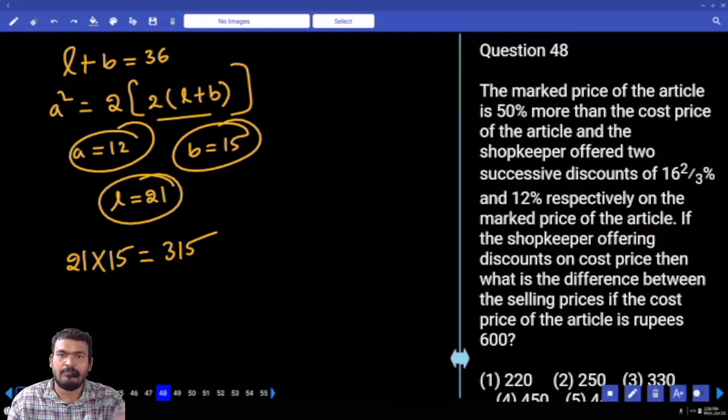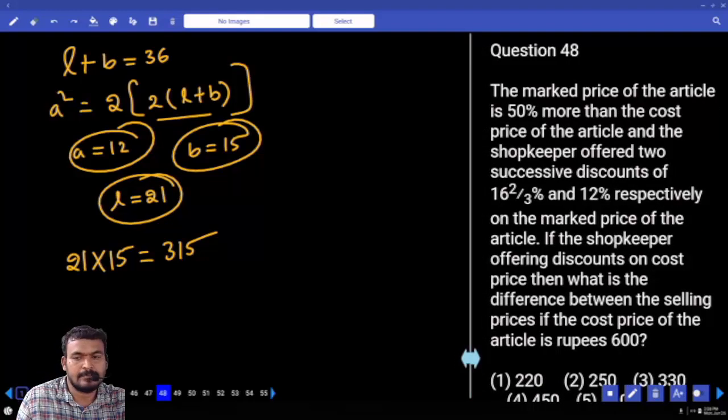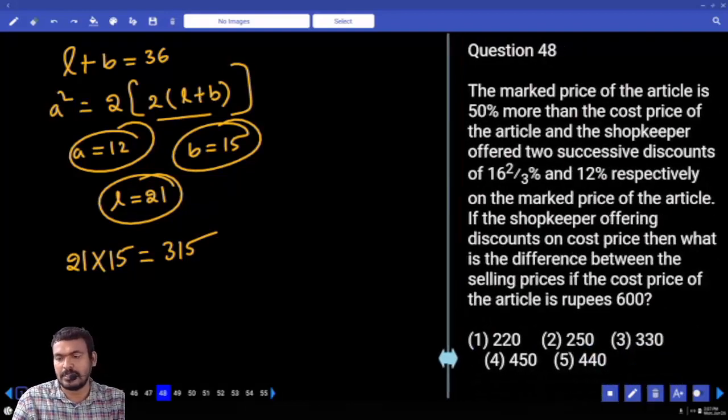Next, question number 48. The market price of the article is 50% more than the cost price of an article, and the shopkeeper offered 2 successive discounts of 16 2/3% and 12% respectively on the market price of the article.